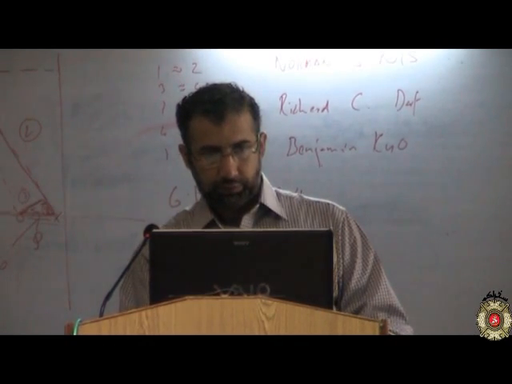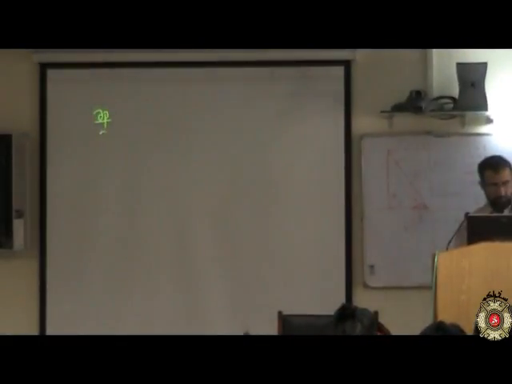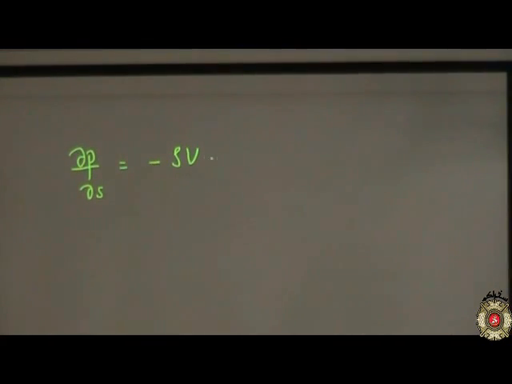Okay, now let's use the Bernoulli effect. Partial P, partial S. There is no change in Z direction. The streamline which we are following is just a straight line. It's not moving in Z. So let's equate this term.